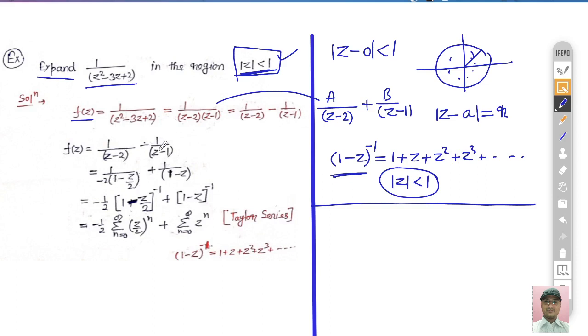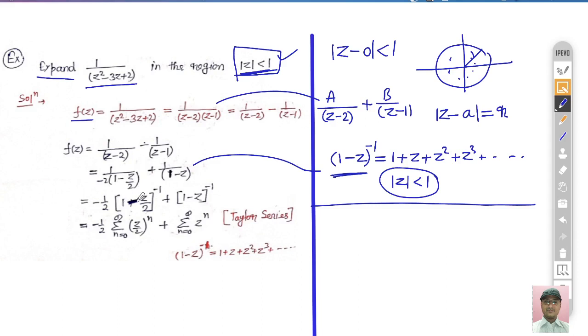For the other term, I take minus 1 outside to reduce it to the form 1 minus Z, and minus minus will become plus. So now you shift this term to the numerator. What will happen? Minus 1 by 2, and this plus sign will become minus once it is shifted to the numerator.